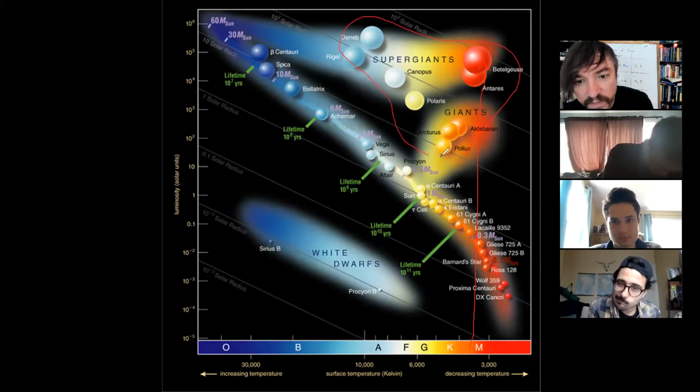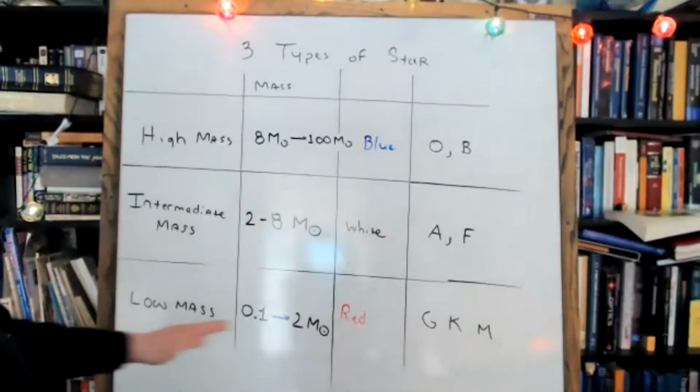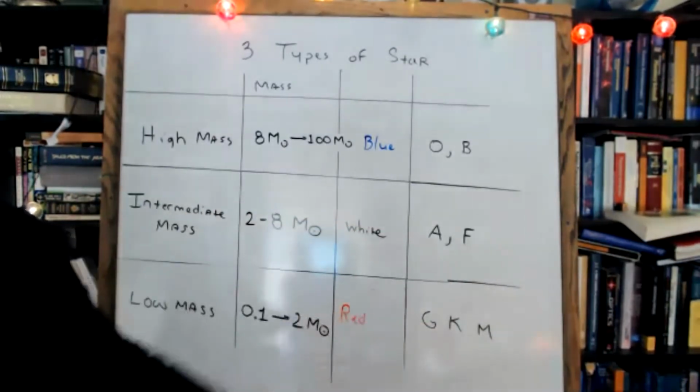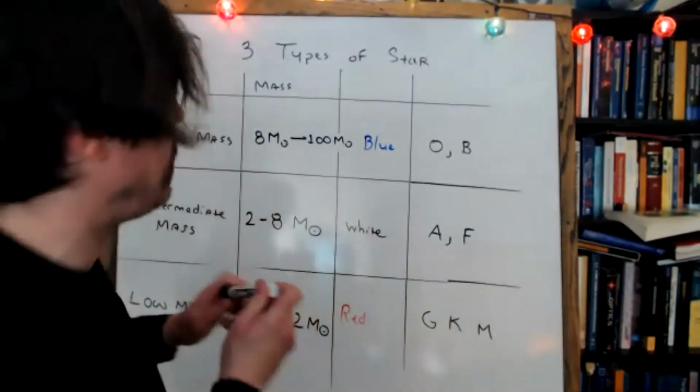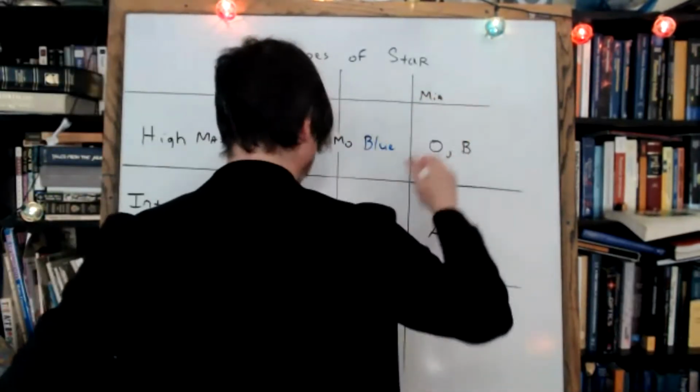Mass does not correspond with spectral type so cleanly up here, okay? Why did I have to tell you that? Because you'll notice that I'm pegging intermediate mass stars to A and Fs and low mass stars to GKMs, but that's only if you're on the main sequence.